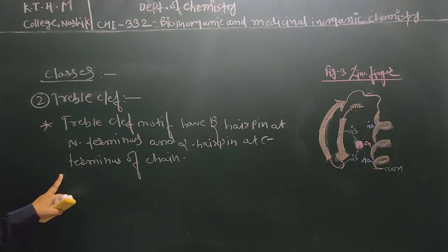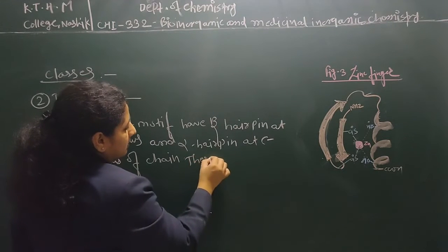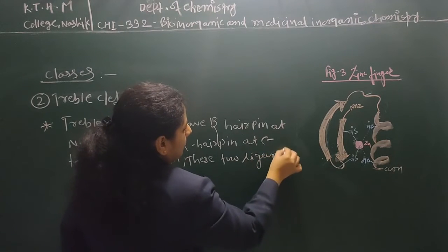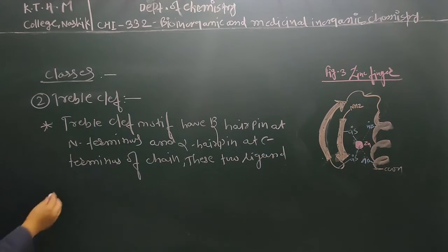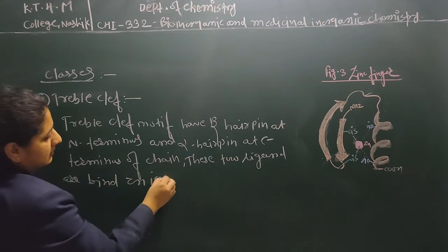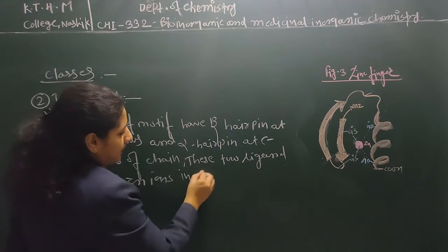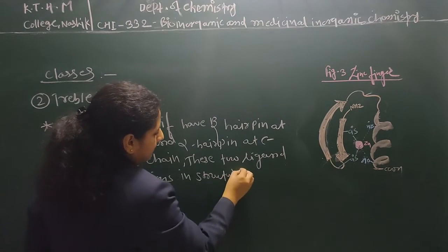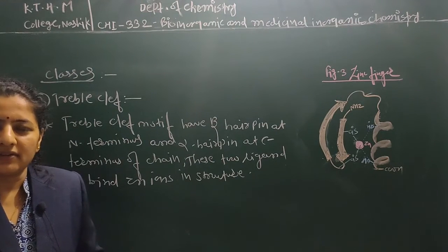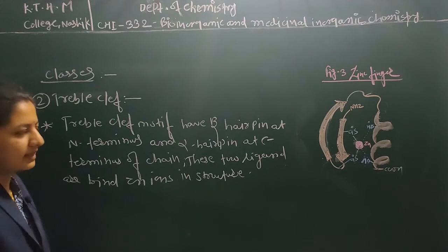So these two ligands are bound to zinc ions in the structure. This treble clef is best characterized by zinc fingers of the nuclear hormone receptor.